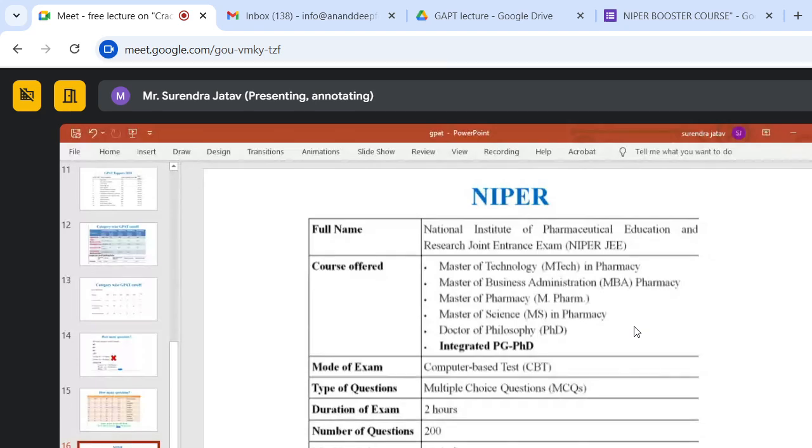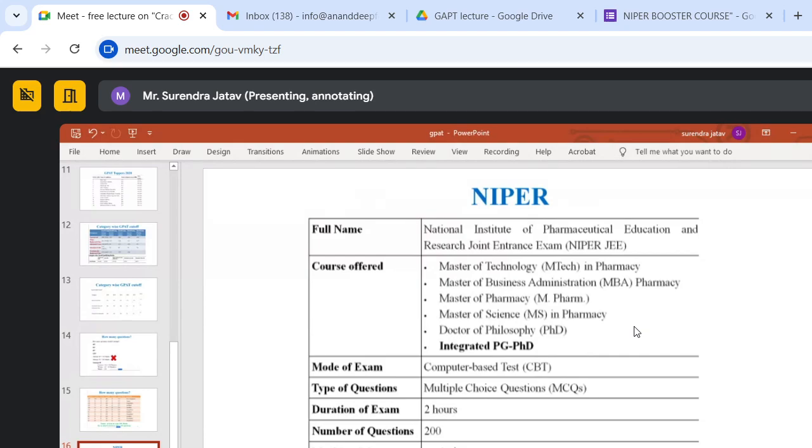Whosoever qualifies the GPAT exam, nothing further happens automatically. After qualifying GPAT, if you want to get a course in NIPER, you must qualify the NIPER exam again for getting M Pharma or MBA admission.